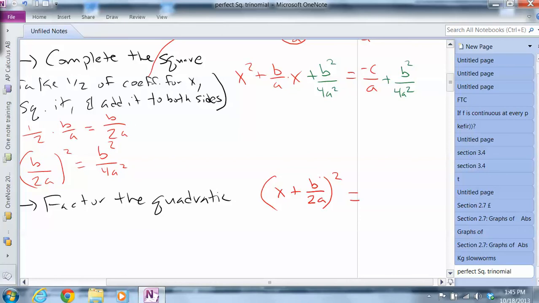If you actually were to multiply this by itself, if you took x plus b over 2a and multiplied it by x plus b over 2a and FOILed it, you would get back to the quadratic we have in step 2. You would see for yourself that when you do the outside-inside terms, the middle will be b over a times x.